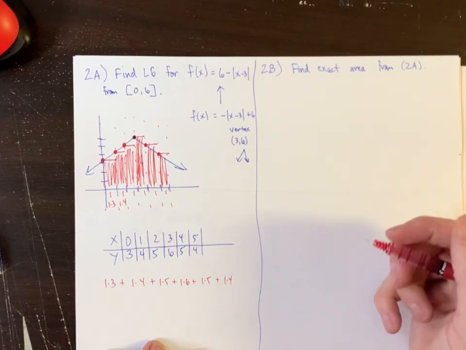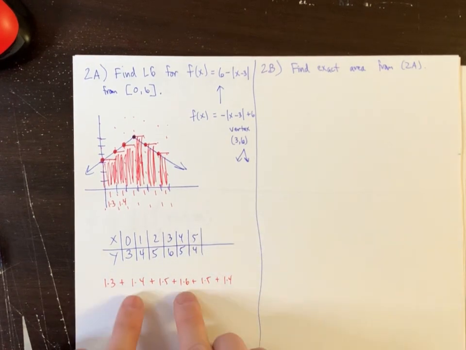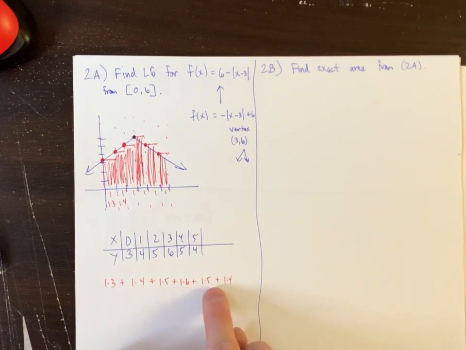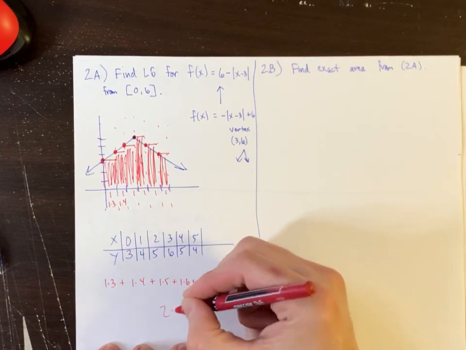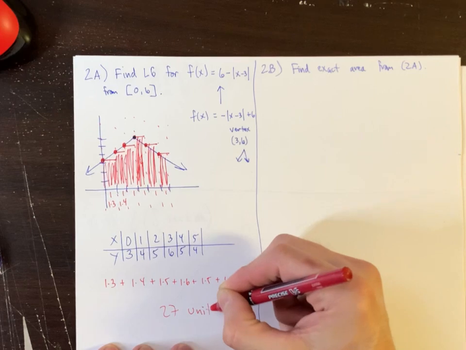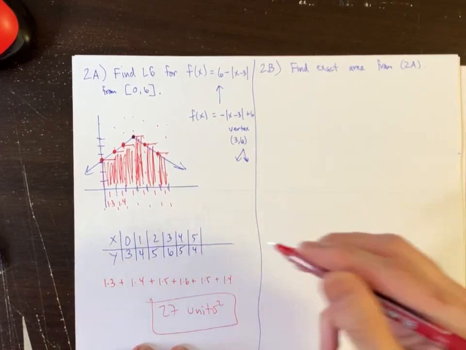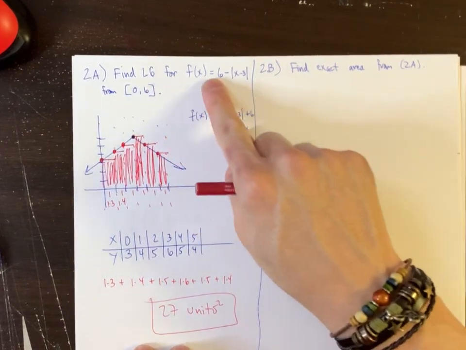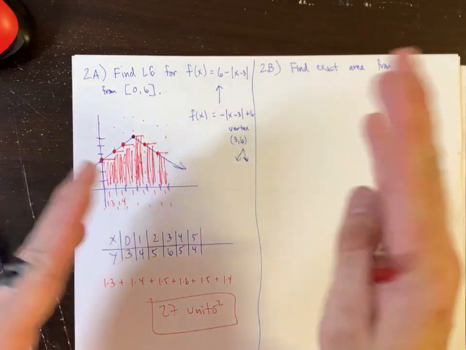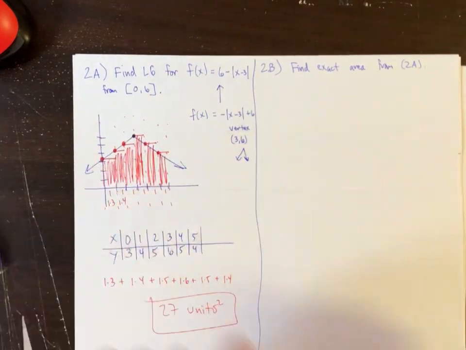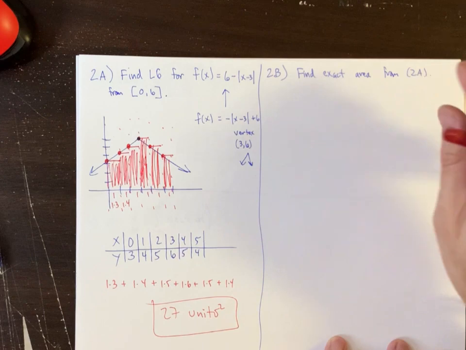If you just compute this and add them up, what's that going to be like? Was that 10, 18, 18 plus 9, was that 27? It looks like it's 27 square units. So that's the area. So they said find L6 for this. We did this method with left rectangles.